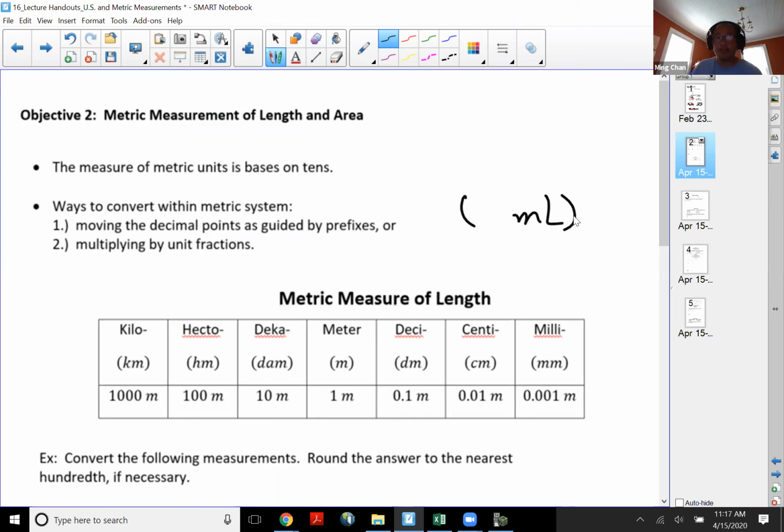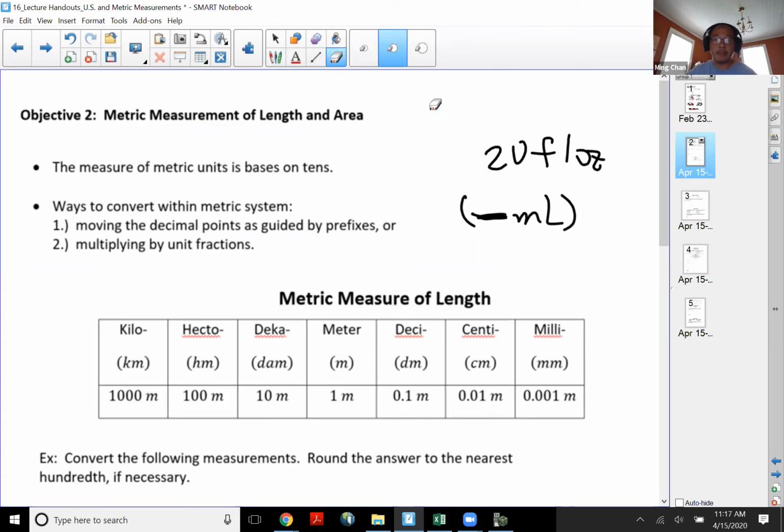Things like 20 fluid ounce, you can get a small 20 fluid ounce drink, but that is actually a U.S. measurement. If you ever notice, right next to the 20 fluid ounce, it will tell you how many milliliters, which is converted to metric, because Pepsi and Coca-Cola are selling their product worldwide, so they have to have the metric units labeled as well.